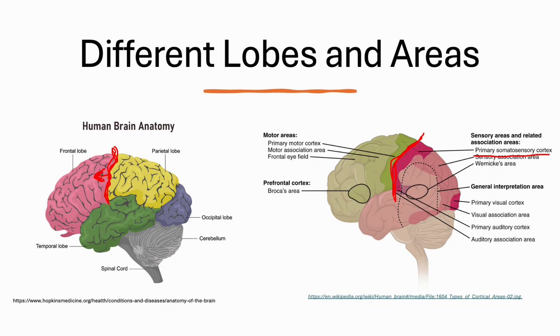In front of the central sulcus is the primary motor cortex of the frontal lobe. And this primary motor cortex is the cortex for motor neurons that instruct cells in the spinal cord to move skeletal muscles.